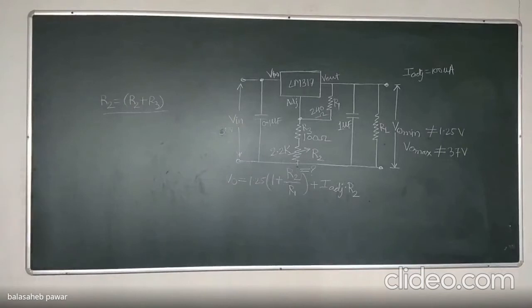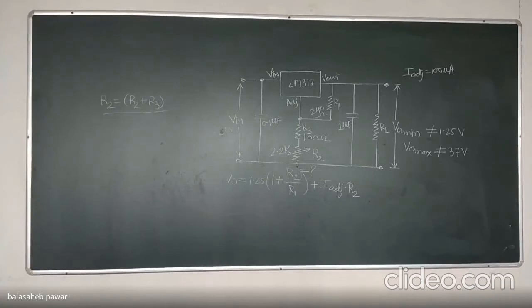So just let me know the answer first. For that minimum output voltage, VO min equals to, how much is it? Don't take so much time, because that calculation part is very simple.